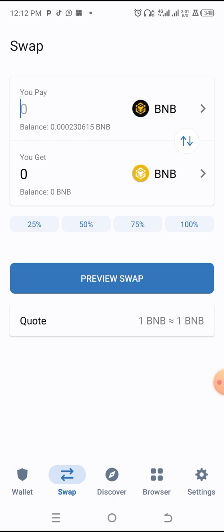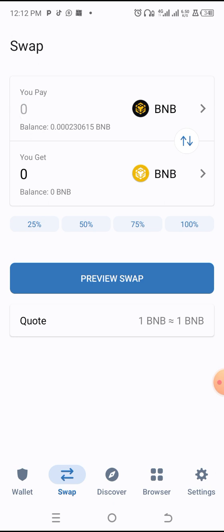So don't ask me how much they are going to charge, because every miner on every platform charges differently. And again, you look at the time frame of when you are swapping.